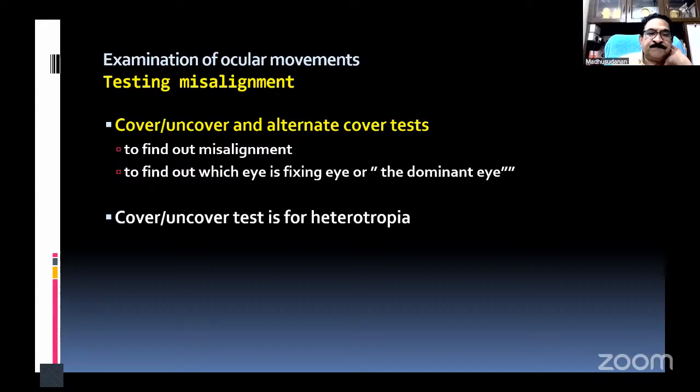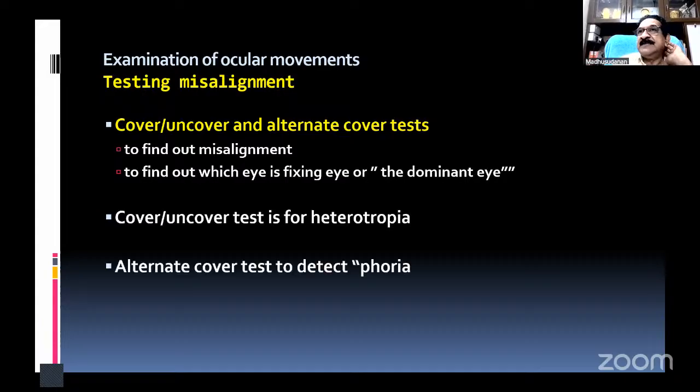Manifest squint, which may be due to paralysis. Alternate cover test is for detecting phoria. Phoria means there is a squint, but it's not seen. You can find out even in paralysis, muscle palsies, by the cover test, only if it is a definite squint.